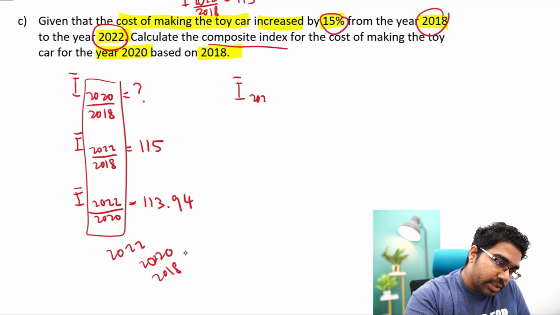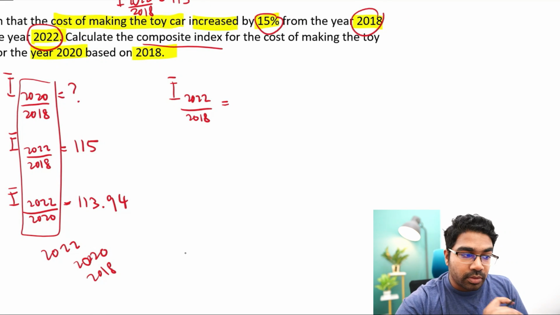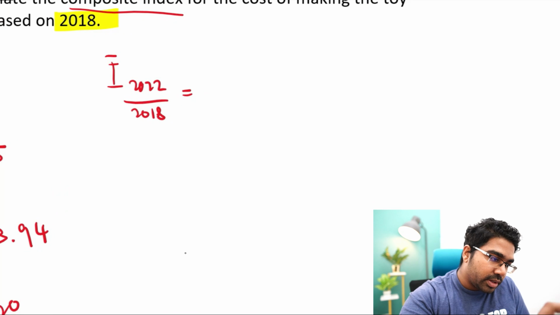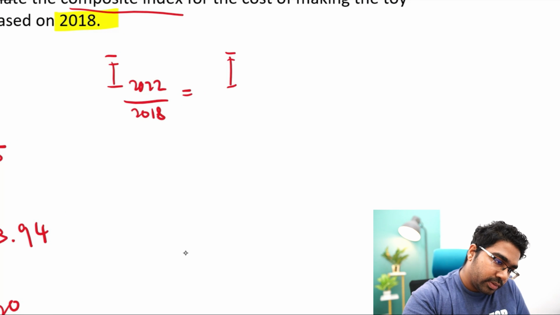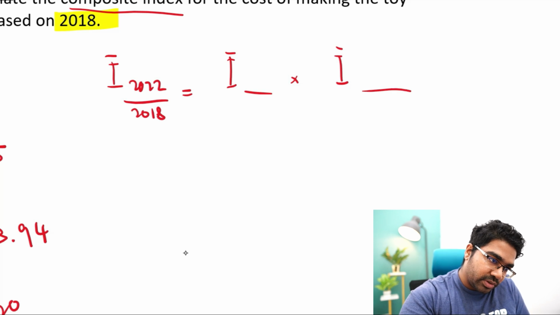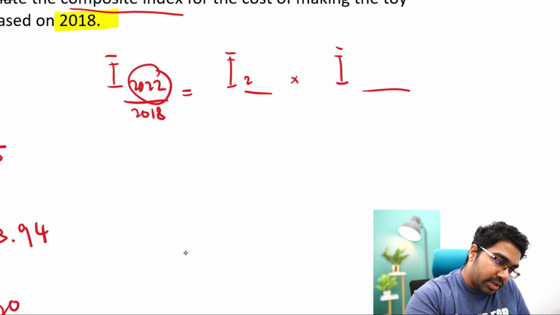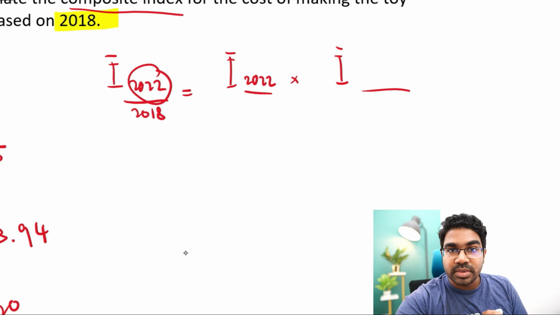So 2022 based on 2018 equals to, okay, now what we are going to do is a chain rule. So how do we apply the chain rule here? Index of times index of. Okay, so what times what? The top number, you put it here. That was the biggest number.